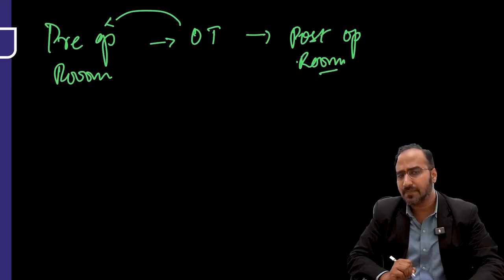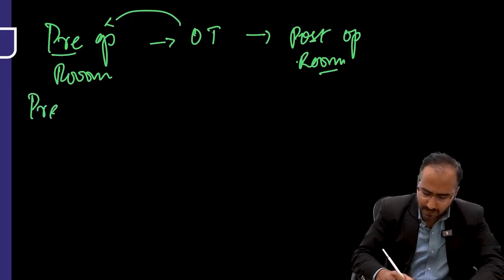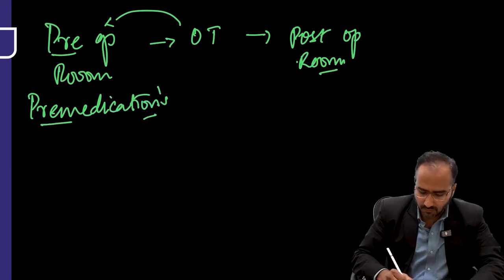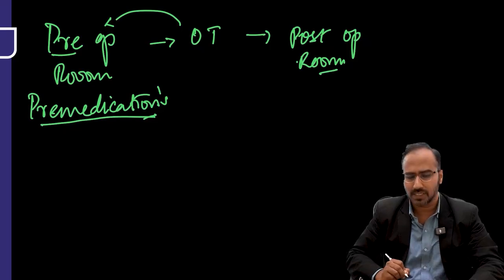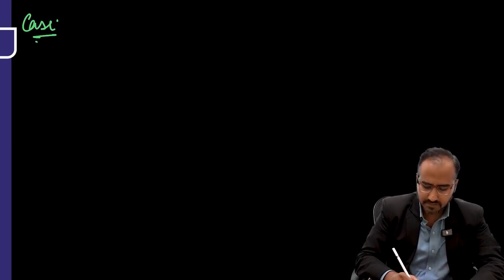What preparation is done in the pre-op room? In the pre-op room, we give pre-medications to the patient. What pre-medications are given to the patient? Now, guys, for that, first of all, what is the importance of pre-medication? For that, we need to go for a case.